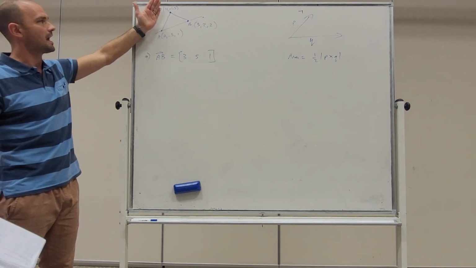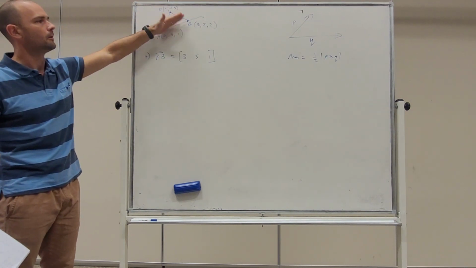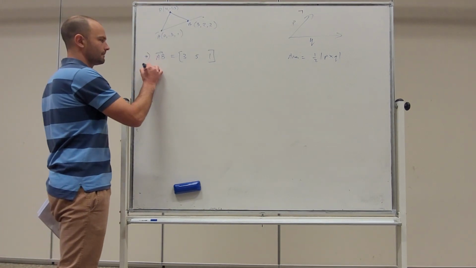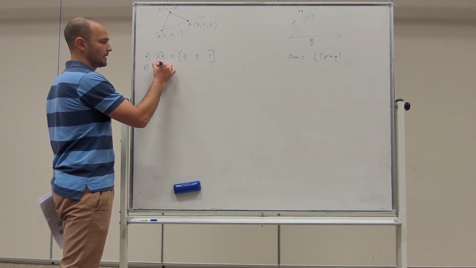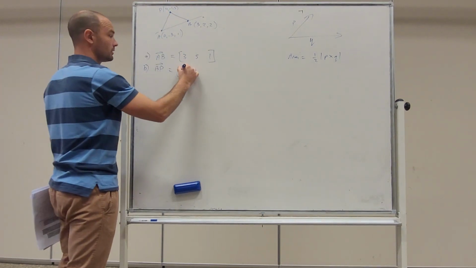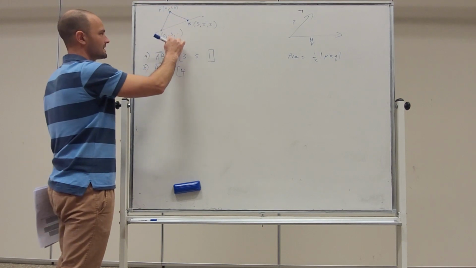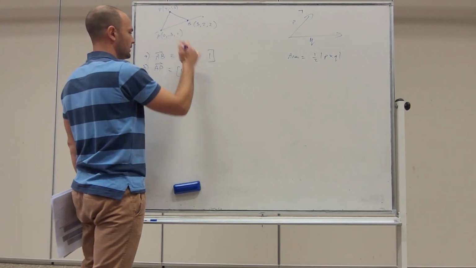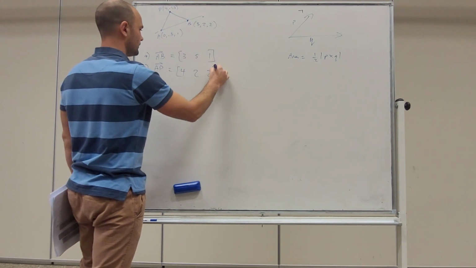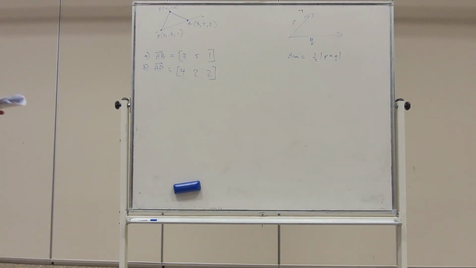We're going to find vector AP. We want the vector from point A. So let's find the vector from A to P. So we've got 4 take 0, -1 take -3, that's -1 plus 3, and 3 take away 1. 4, 2, 2 for AP.